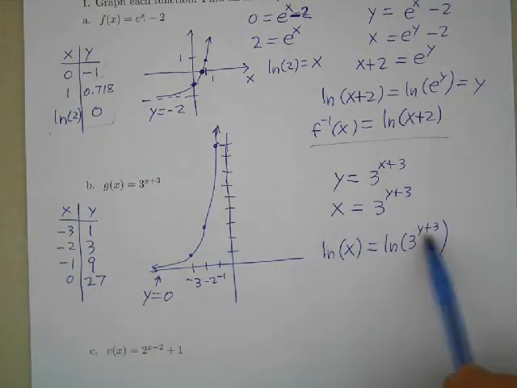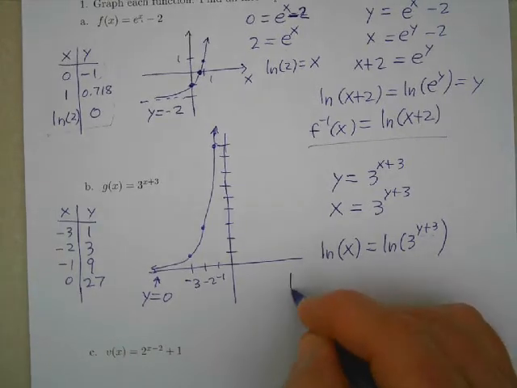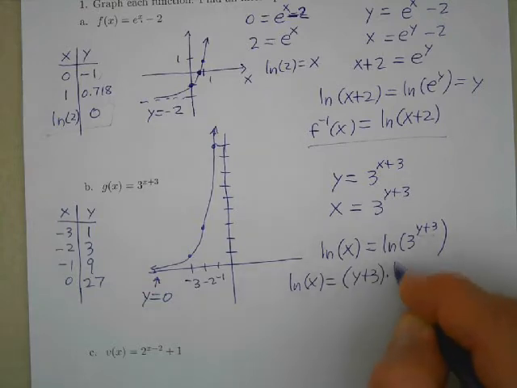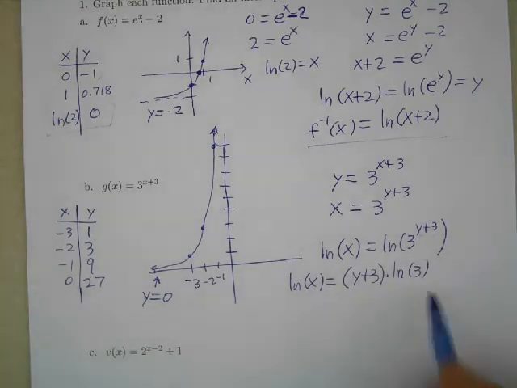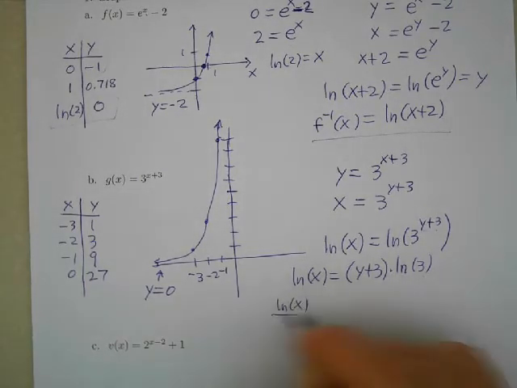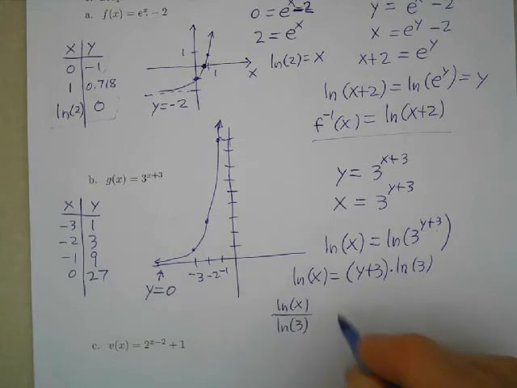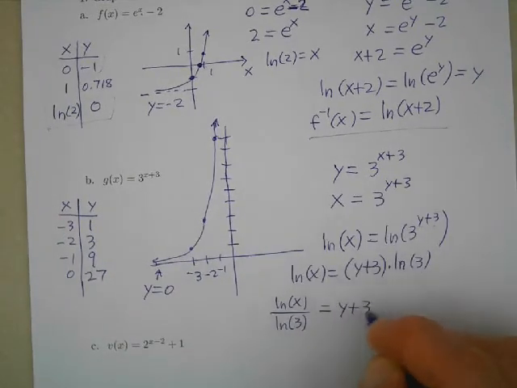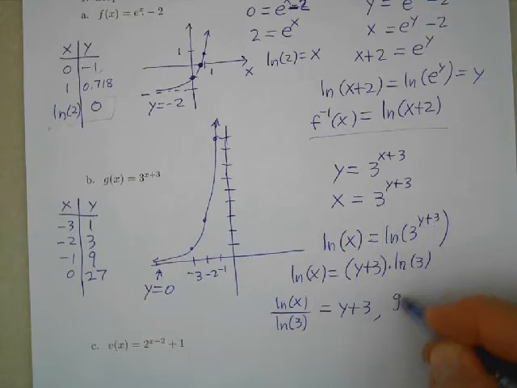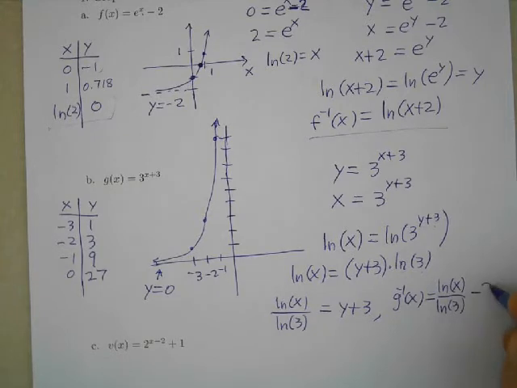And then the exponent is y plus 3, so we can write this as the natural log of x equals y plus 3 times the natural log of 3. Then divide both sides by the natural log of 3, so we get the natural log of x divided by the natural log of 3 equals y plus 3. And then the last step is to subtract 3 from both sides. So g inverse is the natural log of x divided by the natural log of 3 minus 3.